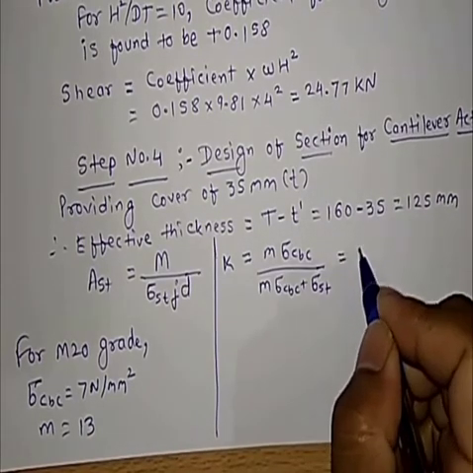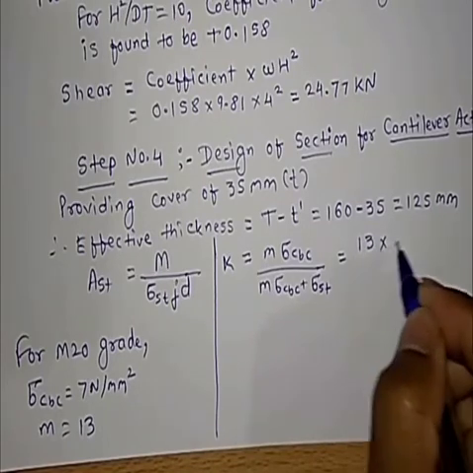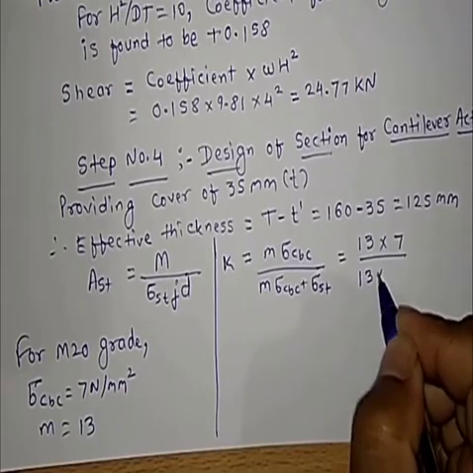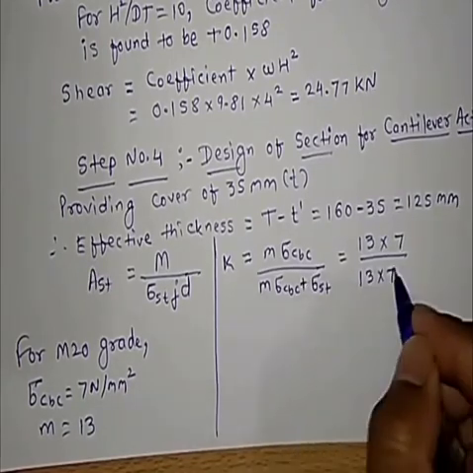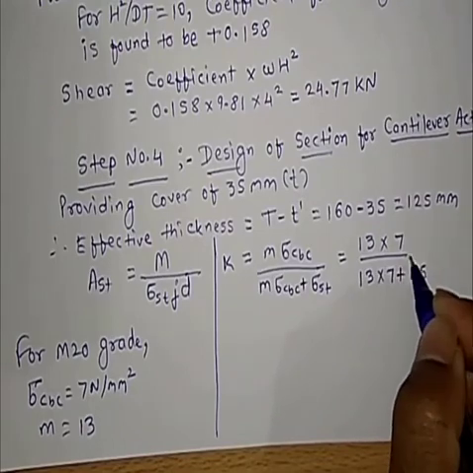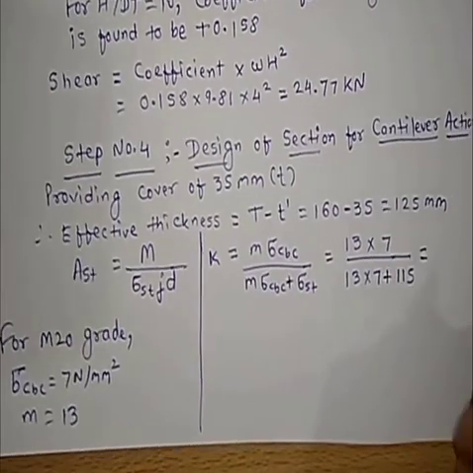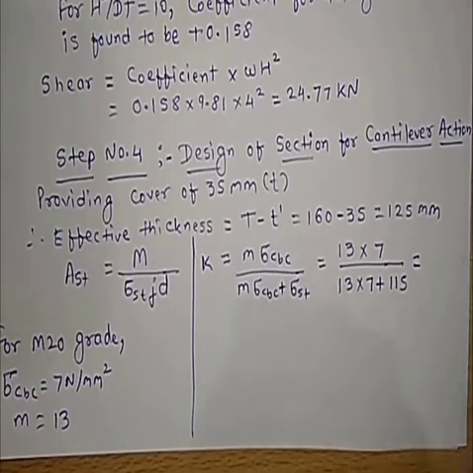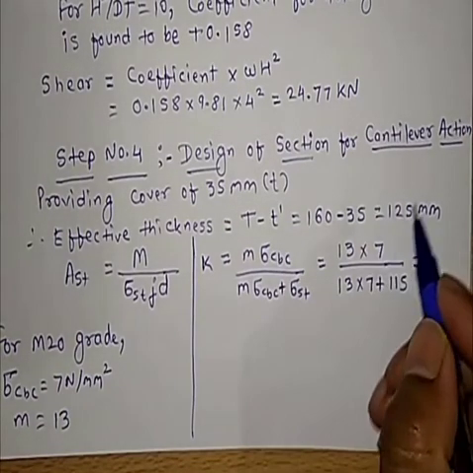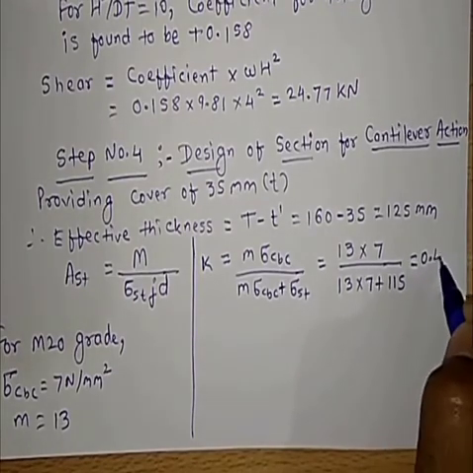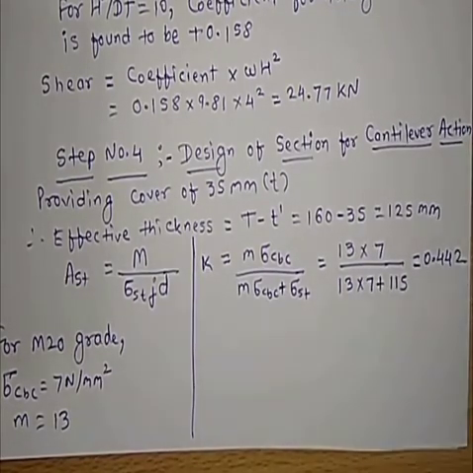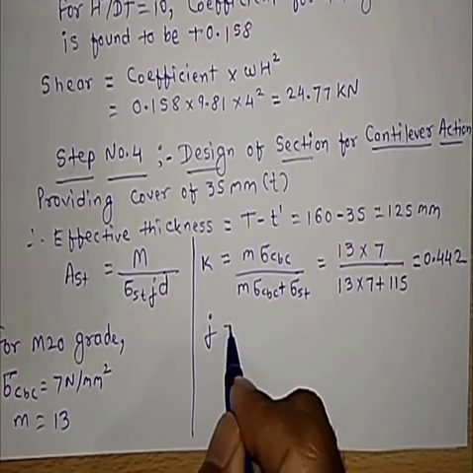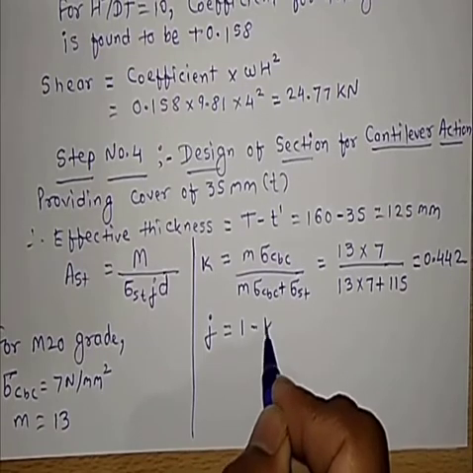So here we can just calculate this. M is 13 multiplied by sigma CBC, that is 7, divided by 13 multiplied by 7 plus sigma ST, which is 115. If you calculate this value, you will get 0.442. Now the lever arm J is actually 1 minus K by 3.